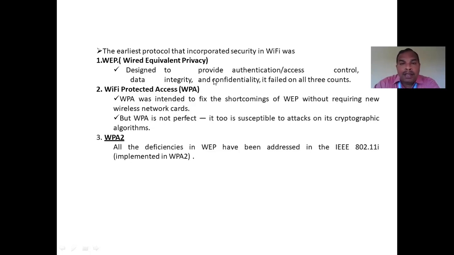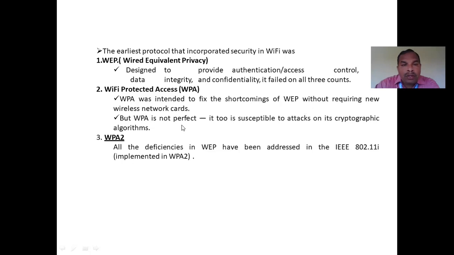But these three things, that is providing authentication, having access control, and having data integrity and confidentiality, fail in some situations. To overcome this drawback, we are going to use one more protocol called Wi-Fi Protected Access, which is going to fix the shortcomings of Wired Equivalent Privacy.